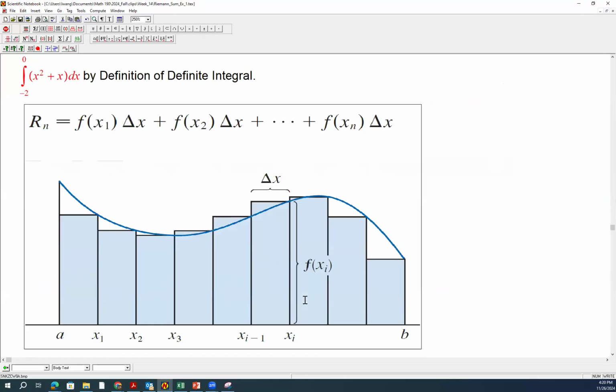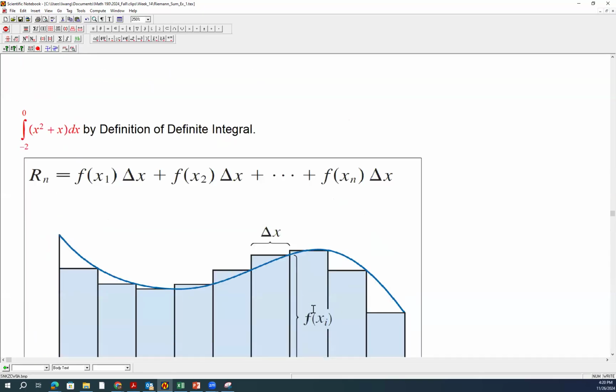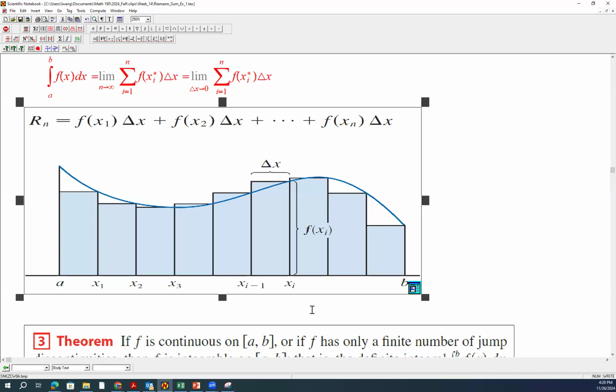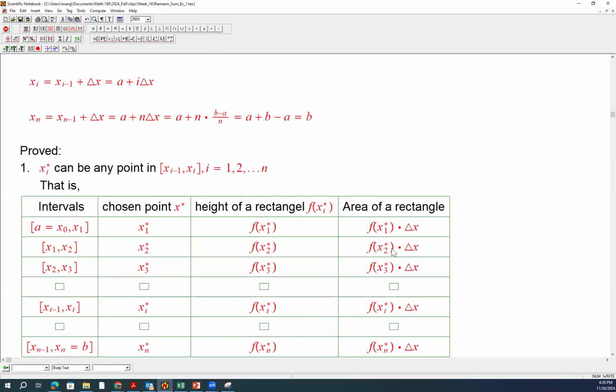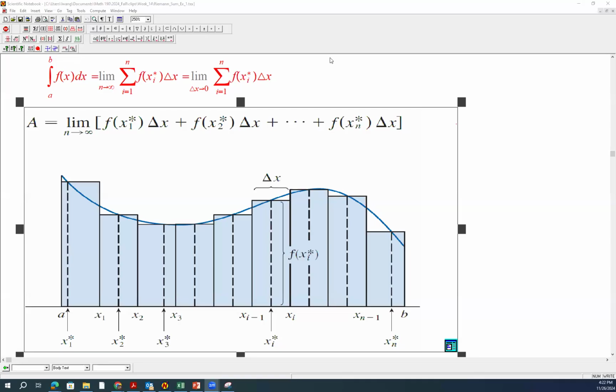I think I got a picture where we can use any xi star. I'm going to find that picture. I'm going to pause and come back, because I found the picture I'm going to show. All right, so I did find the picture. You can see these are the markings of the stars.